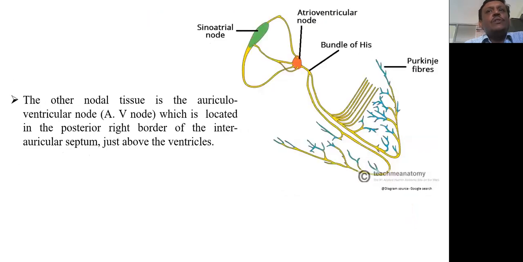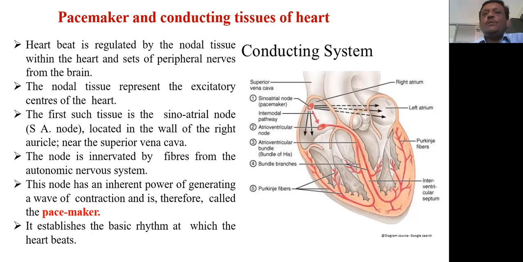Another such node which is present in the heart, that is called AV node. Now in the previous diagram, we have seen where SA node is present. Look at this. Here is the SA node which is present in the wall of right auricle. Now, where AV node is present, just below SA node, at the junction of auricle and ventricle, at the base of tricuspid valve.